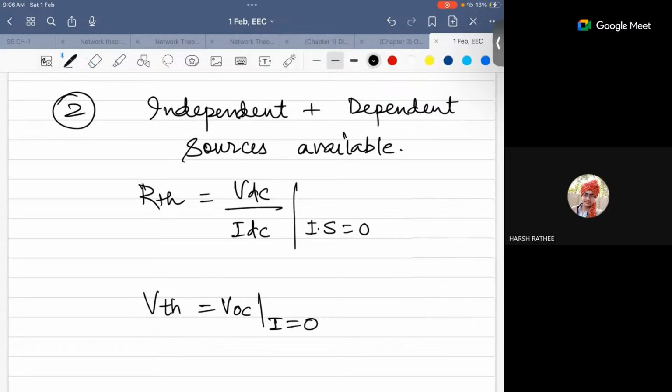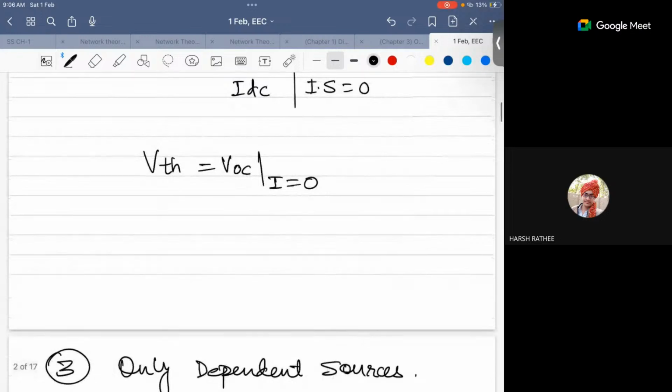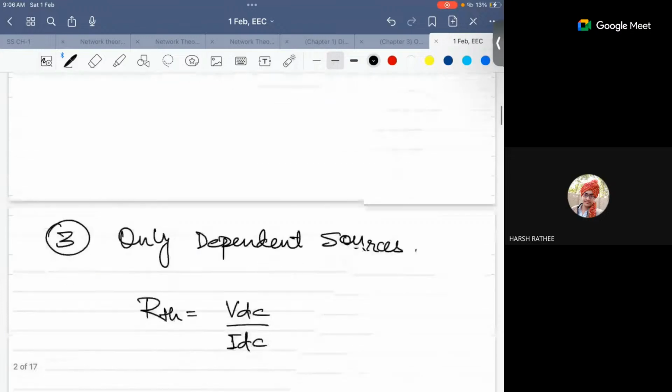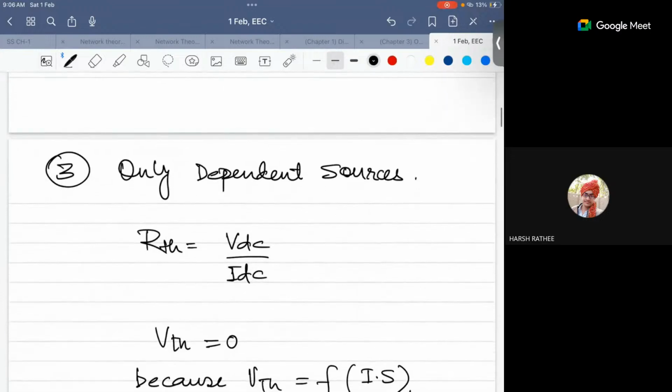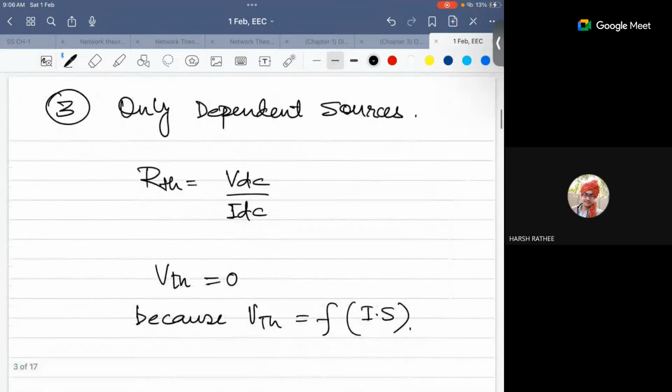And VTH is the same: you calculate the open circuit voltage. Open circuit means the current will be 0 through that load resistance, or in that circuit. Now, with only dependent sources, your voltage for sure will be 0, so V Thevenin will always be 0.